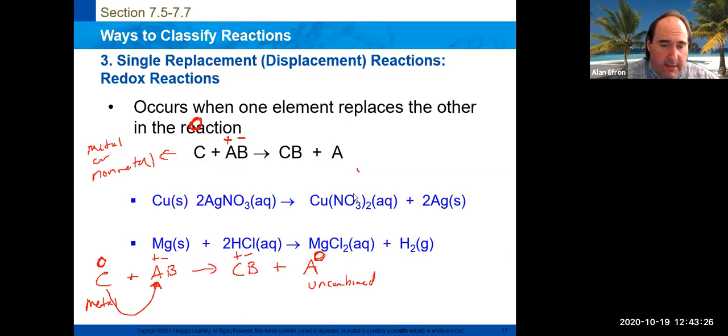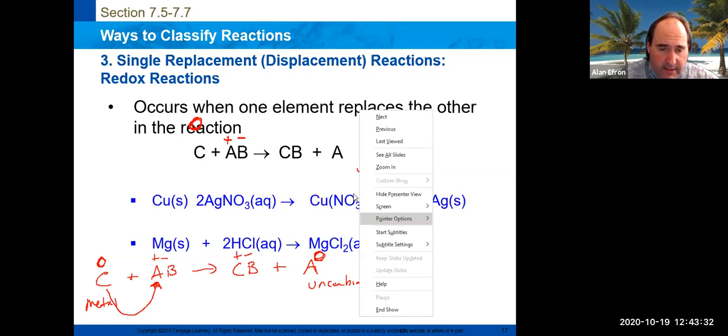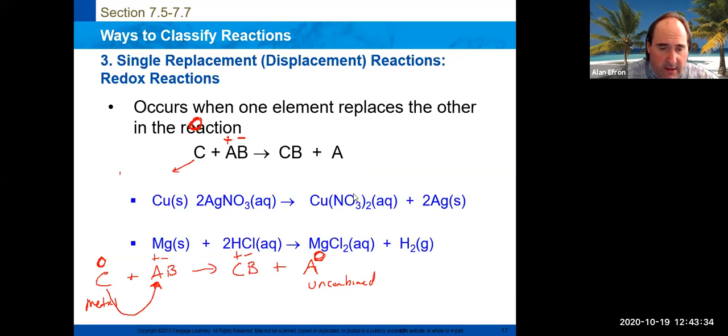let's get rid of that real quick. So let's say, for example, that we actually had a non-metal that's happening. So we'll say this guy is a non-metal. Non-metals, again, by themselves have no charge, but when they do gain a charge, they do become negatively charged. So in this case, he's going to come in and actually kick out the negative guy, and he's going to make a new compound.